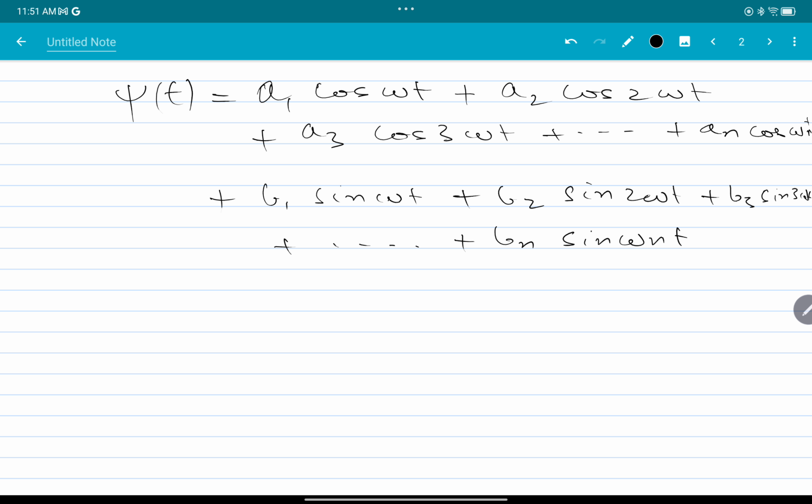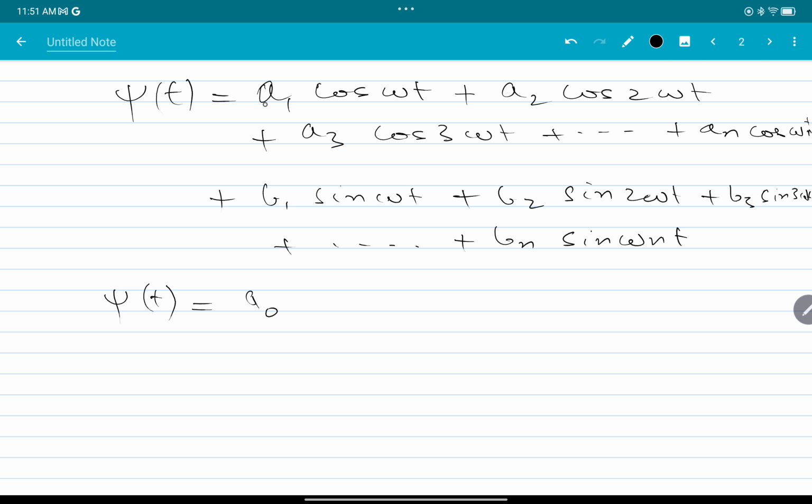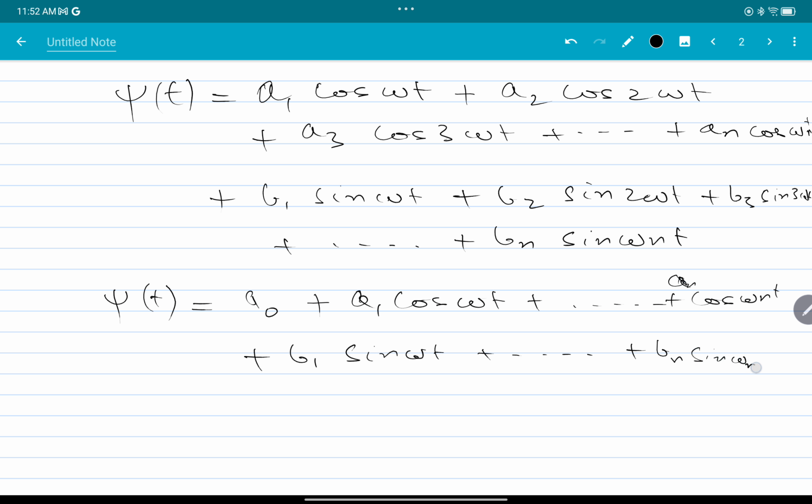We need to accommodate a constant term here, so psi t is equal to A0 plus a1 cos omega t plus this cos series up to an cos n omega t, plus b1 sine omega t plus the sine series, up to bn sine n omega t.